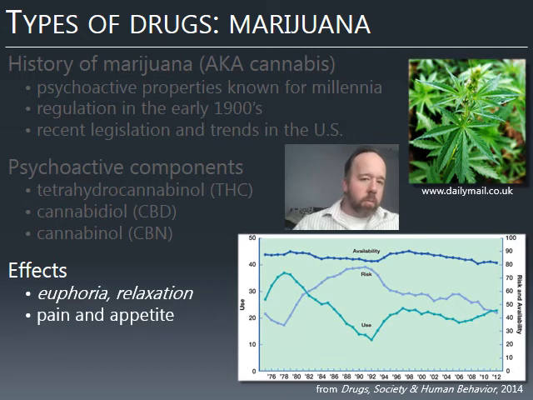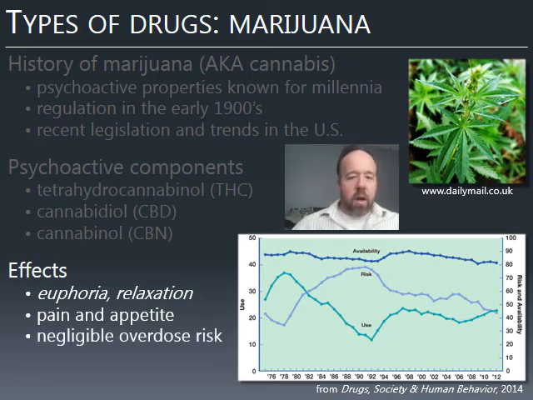And so marijuana has been investigated as being used to treat both the pain and the loss of appetite. There's actually never been a recorded fatal overdose on marijuana. So its overdose risk is negligible, which again makes us wonder if Schedule 1 is the appropriate location for it.